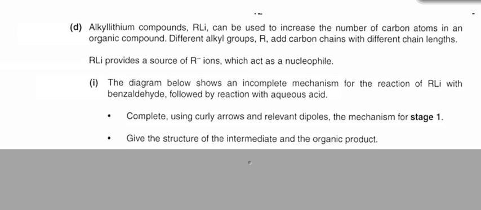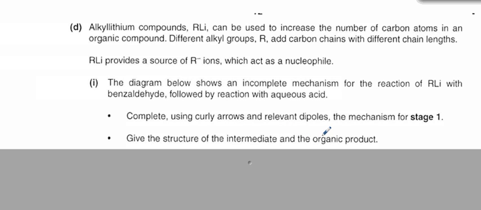So we've got to complete, using curly arrows and relative dipoles, the mechanism for stage 1, give the structure of the intermediate and organic product. Notice when it says give the structure of the intermediate, it means that we don't actually have to continue on past giving anything in the mechanism for stage 1. So it just wants the intermediate and the organic product.